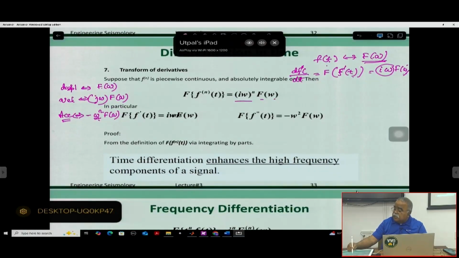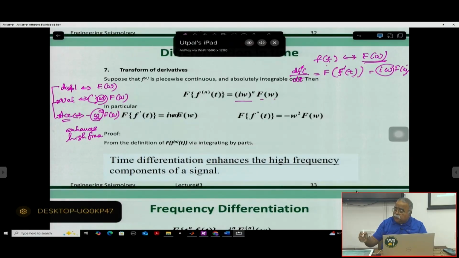So time differentiation, from displacement to velocity and from velocity to acceleration, multiplies by omega, or omega square if it is a double differentiation. Since you are multiplying here, it enhances the high frequency values.